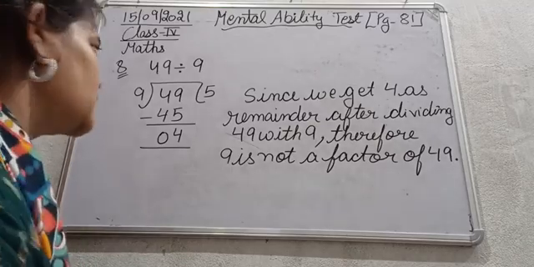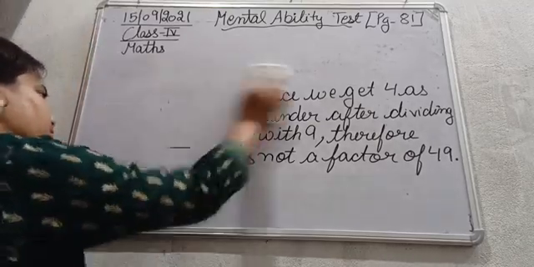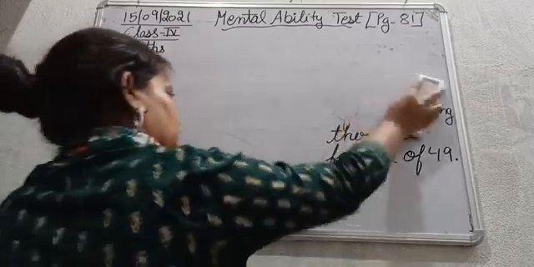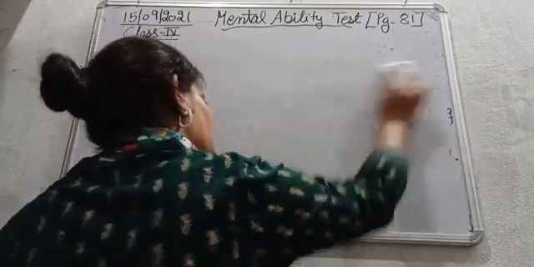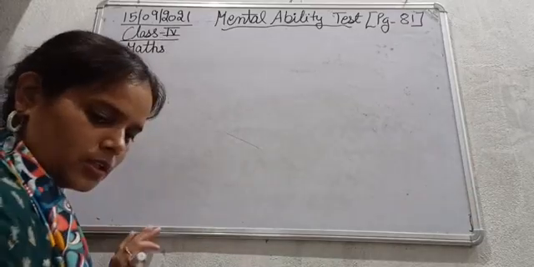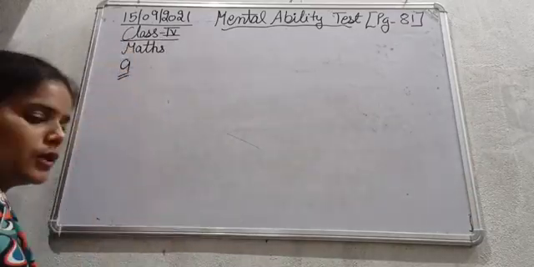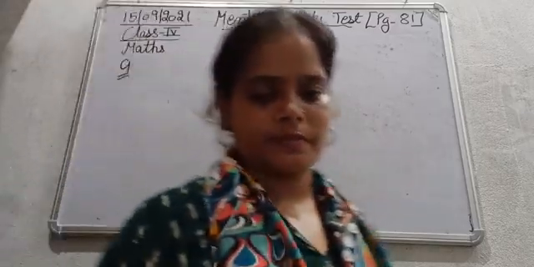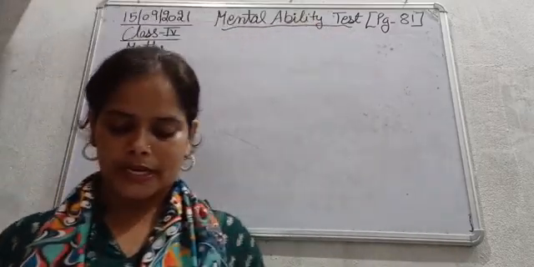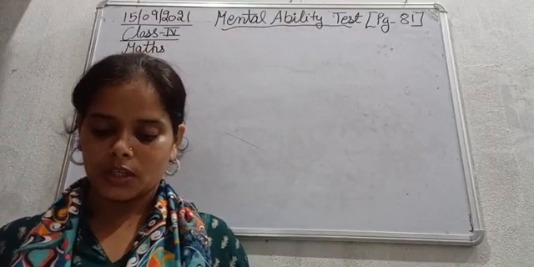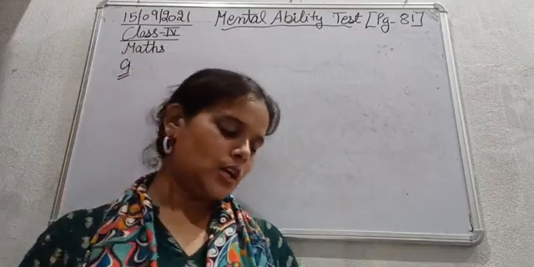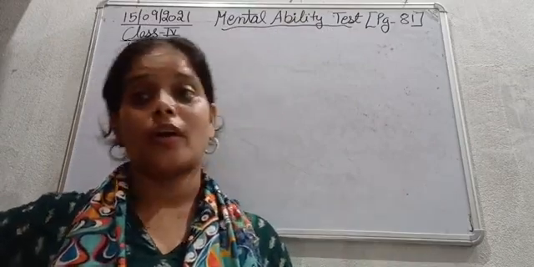Moving next to question number 9. The question number 9 is, without adding, state whether the sum of 481 plus 390 will be odd or even.